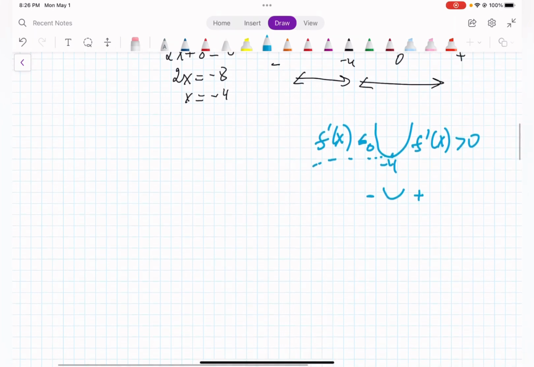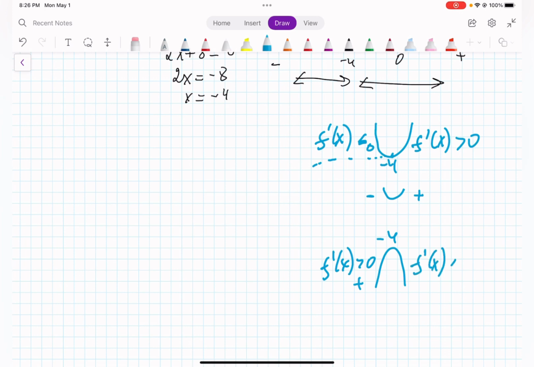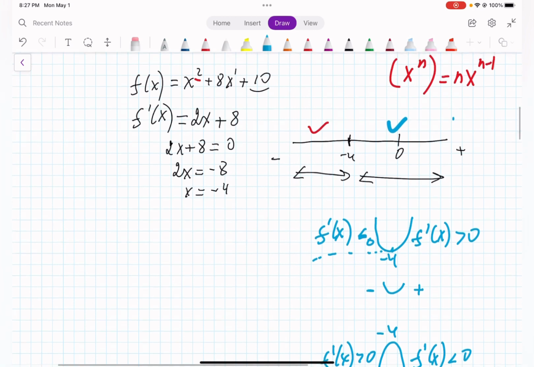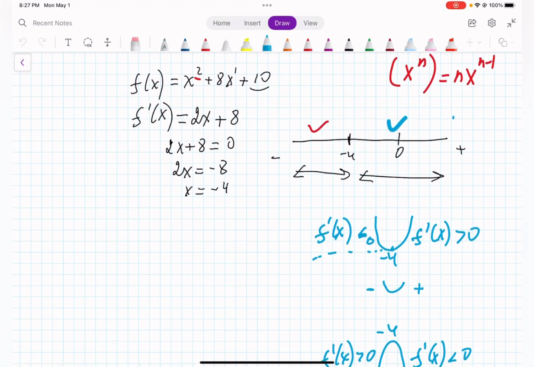But if I have -4 like this, and here I have f prime of x greater than 0, which is positive, and here I have f prime of x less than 0, which is negative, then from positive to negative, I have to go up and go down, right? This will be negative, dropping, and this is positive, going up, and this is down. That's what I'm going to do. I'm going to take some testing number less than -4 and then greater than -4, and see if we are getting positive or negative.